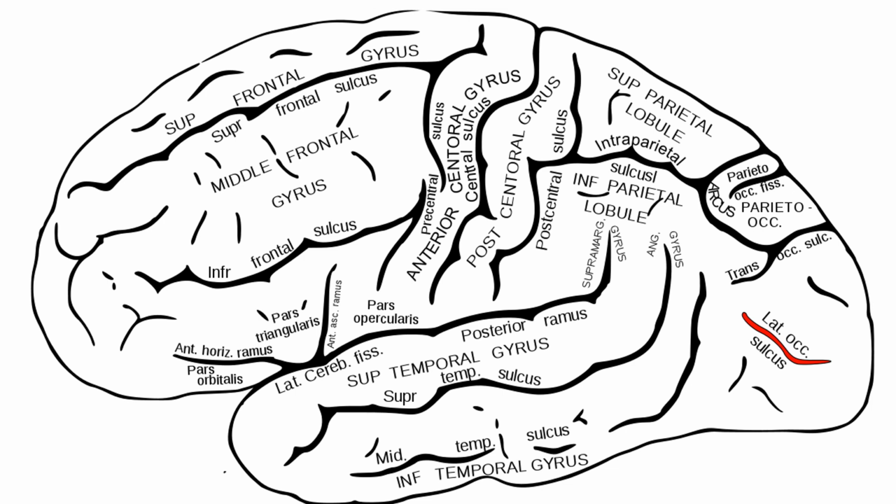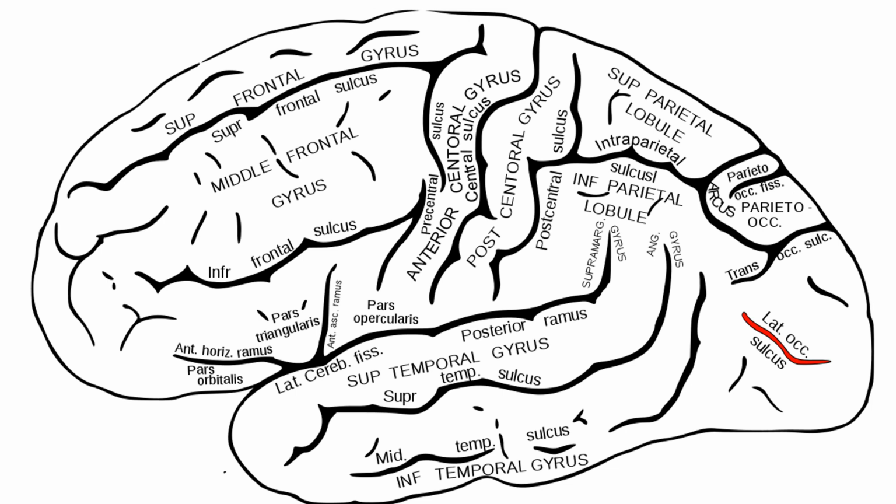temporo-occipitalis. So, in the parietal lobe, you try to find out the postcentral sulcus and the postcentral gyrus. Then, the intraparietal sulcus dividing the parietal lobe into superior and inferior parietal lobules.